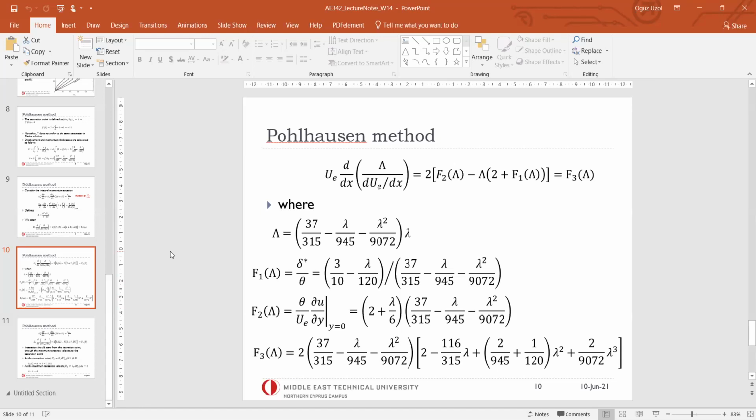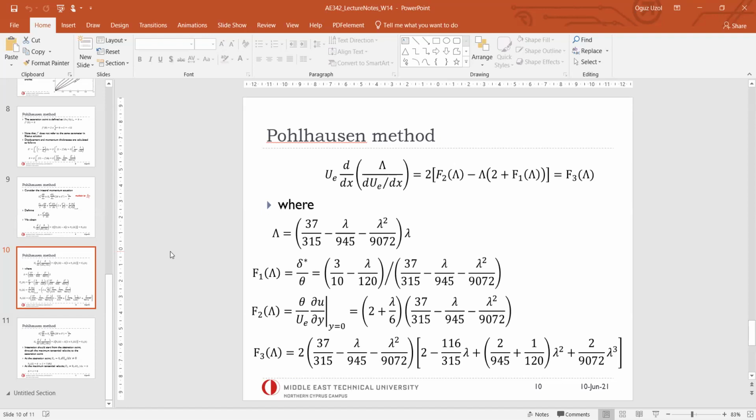And for more generalized cases, first of all, a flat plate means we are assuming the streamwise pressure gradient is zero. But for more generalized cases like non-zero pressure gradients, and maybe for other shapes, we have seen Falkner-Skan solutions with some parameters like beta and m.